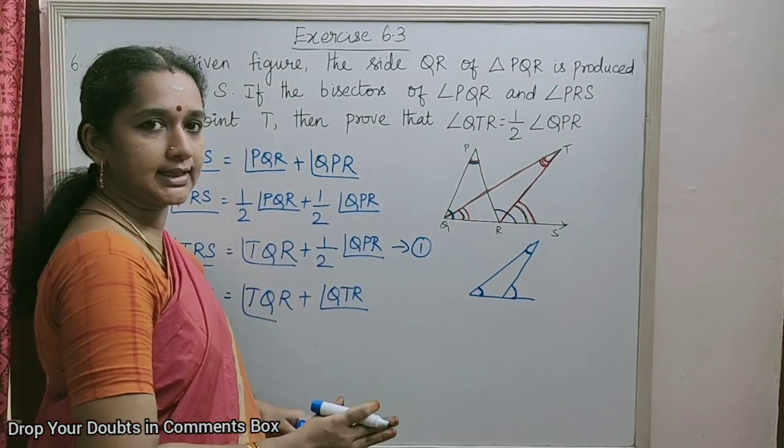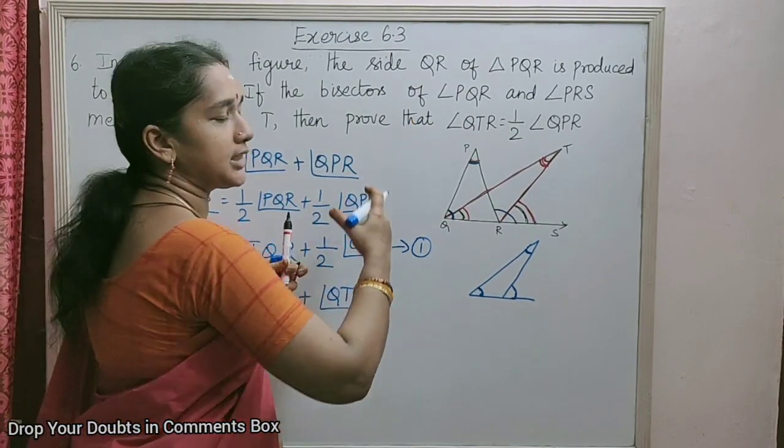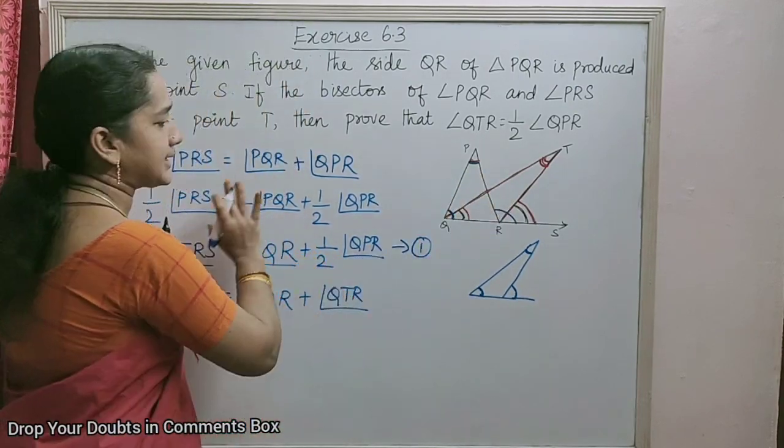Both the triangles have exterior angles, so I am using the property that the sum of opposite interior angles is equal to the exterior angle, for both the triangles.